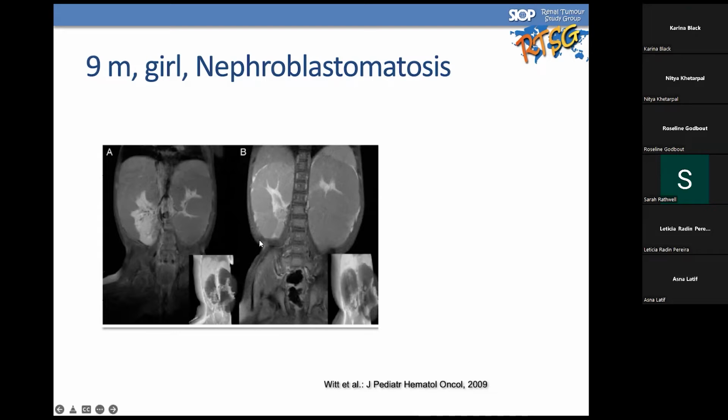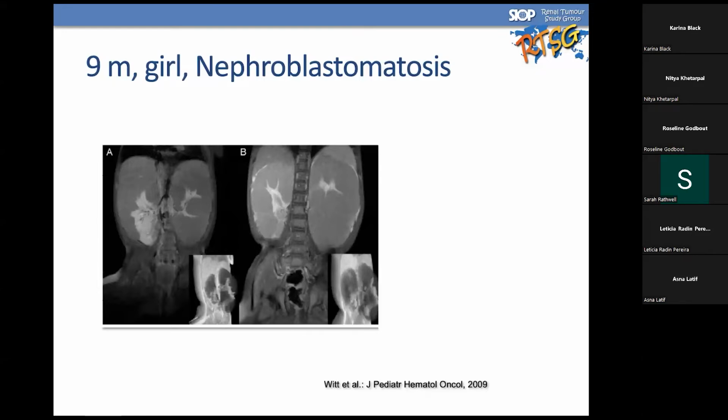The tumor primarily shrank on both sides, but then it grew again, as you see here, and it was as large and huge as at the time of diagnosis. And the question was, what to do with this child? Should we take both kidneys out? The child would have to go to dialysis and need a kidney transplant, and in a 9-month-old girl, it would affect the whole life of this child.